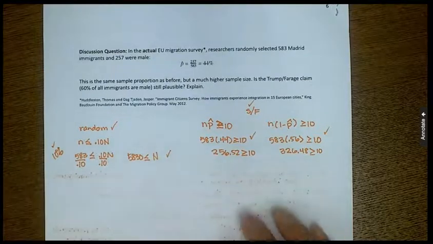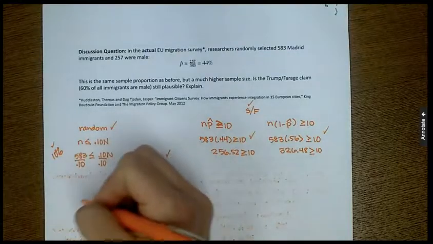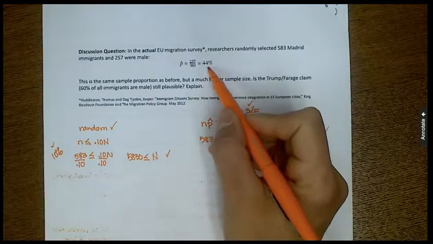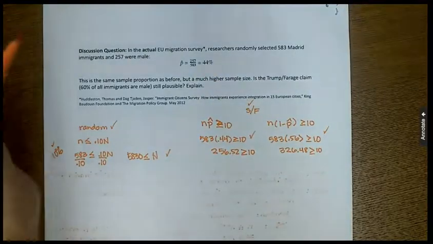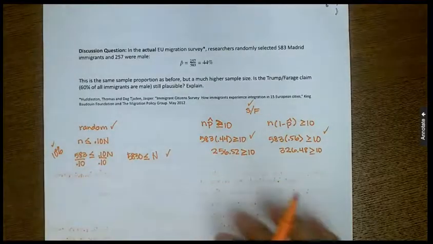Okay, so what we want to do right now is go ahead and do our calculate. For our calculation, we already have p hat, right? We just need to use our formula that we used before to find our standard error first.